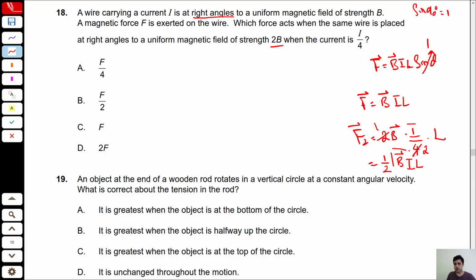If you also realize, what is this BIL? This BIL is the original force. So it means that our new magnetic force acting on the wire is equal to half the original force. It's going to be half the original force as B bar.